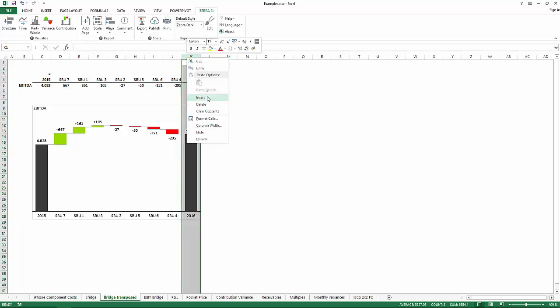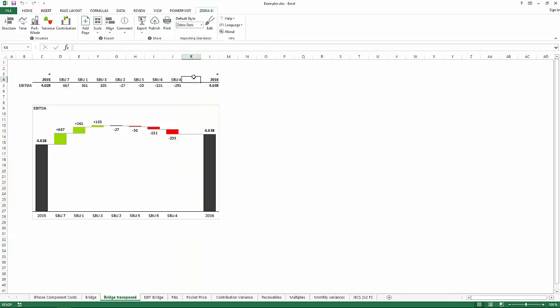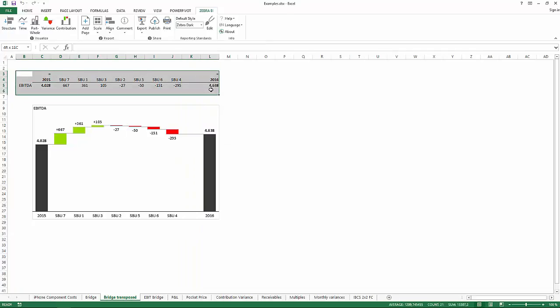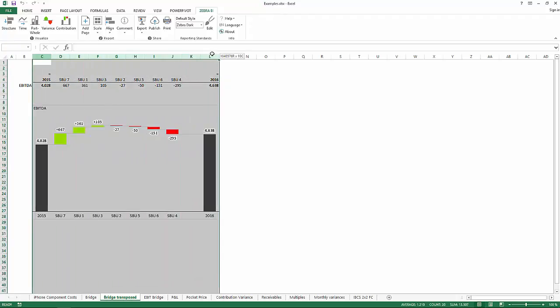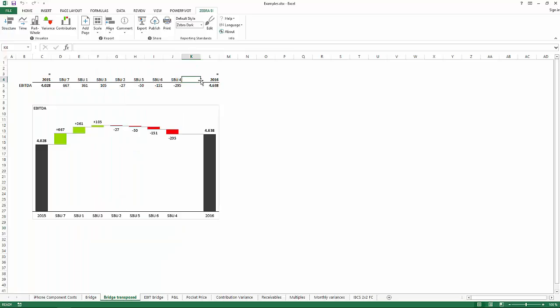So for example, if you just insert a new column here, right, you have extended the data source, but at the same time my chart was also extended, because I have moved it with our move chart function, with our snap move, so it's completely embedded here between those columns. And now you can just add a new strategic business unit, and maybe at the beginning it will be negative, and so on.